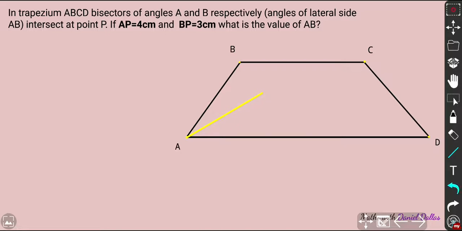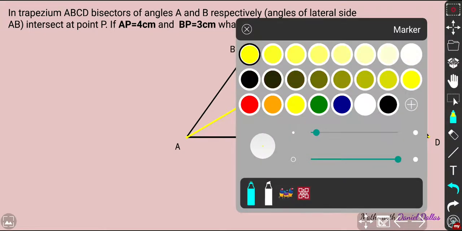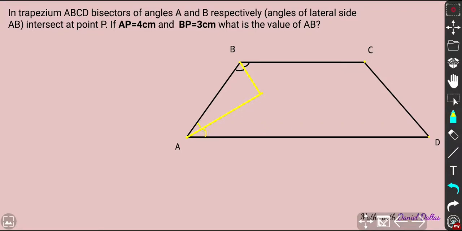Note that they are bisectors, so they split the corresponding angles into two equal parts, and they intersect at point P. Here is point P, the point of intersection. We know that AP is 4 centimeters, BP is 3 centimeters, and we need to figure out the value of AB. So AB is going to be side X.